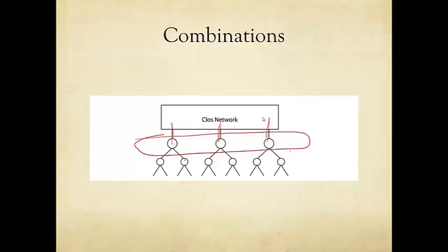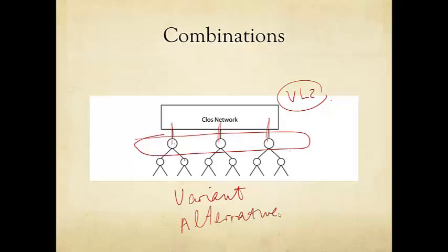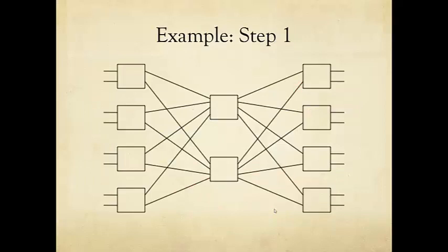This is one of the commonly used architectures in the cloud called virtual layer 2, VL2, recently developed. And there are many other variants and alternatives. Clos network is not the only kind of topology you can have for interconnection networks. In the advanced material part, we will say a few more words about those.